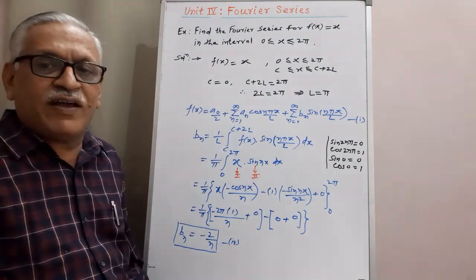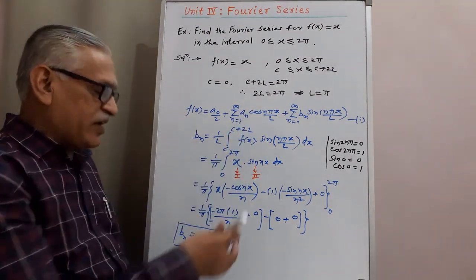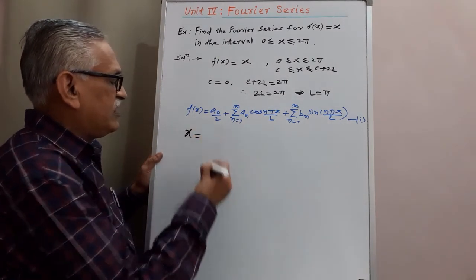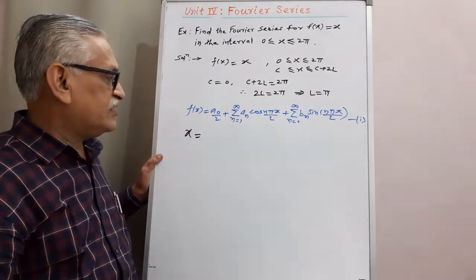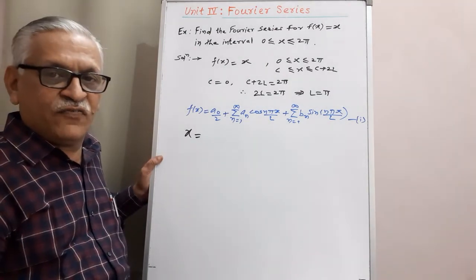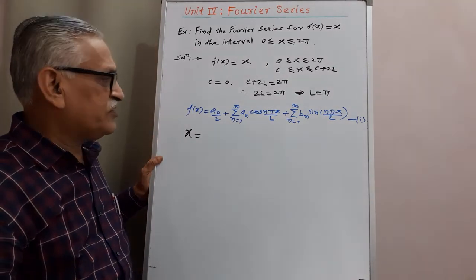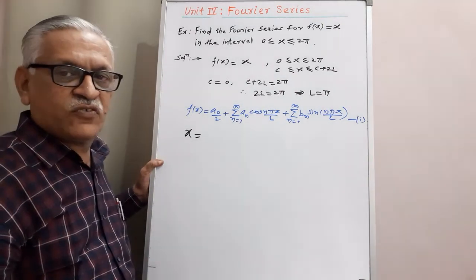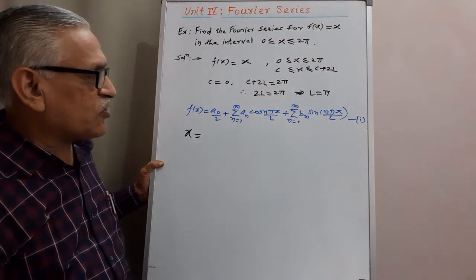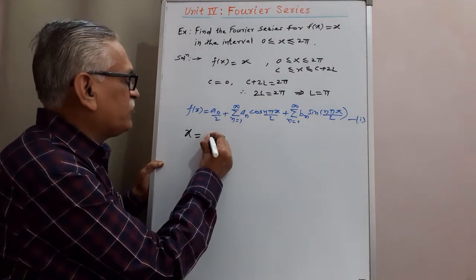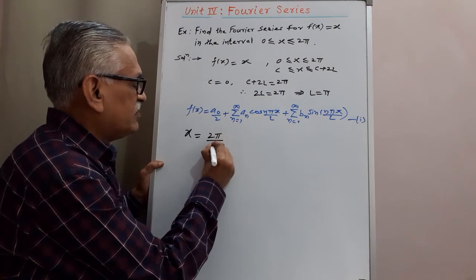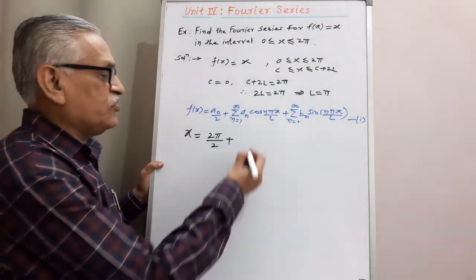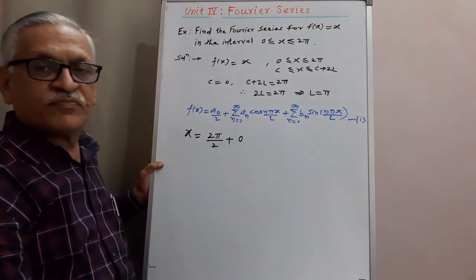Then substituting all the values of these Fourier coefficients in equation 1, function f of x is x, for which we are required to find the Fourier series. It is a real, single valued function, which we have to convert into a series of sine and cosine, and that series is called a Fourier series. The value of a0 is 2π divided by 2. Value of an is 0, therefore that term becomes 0.